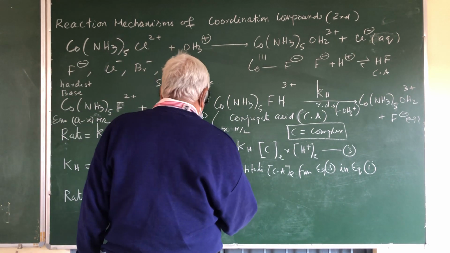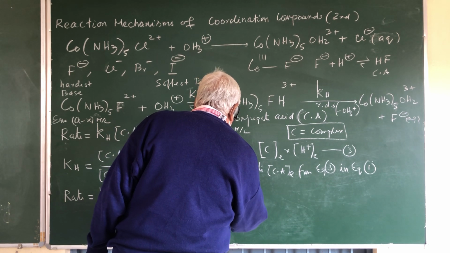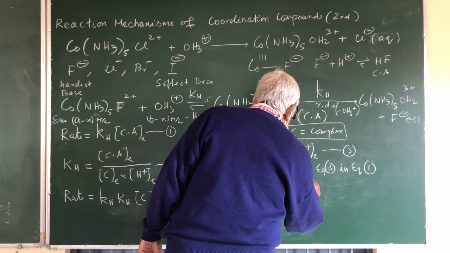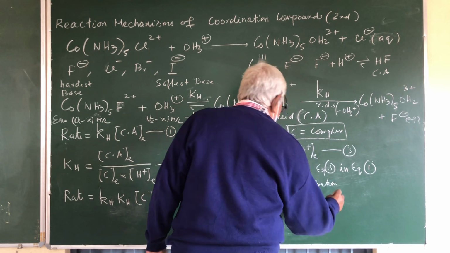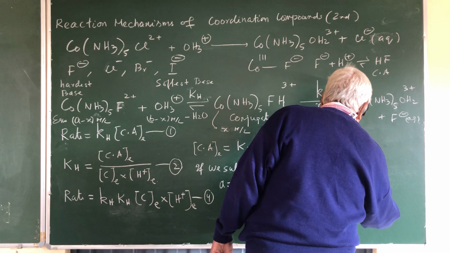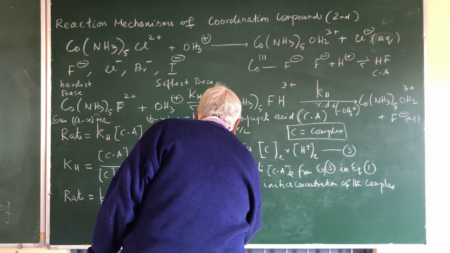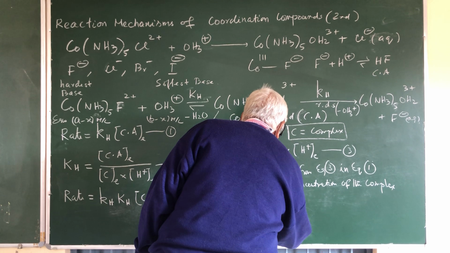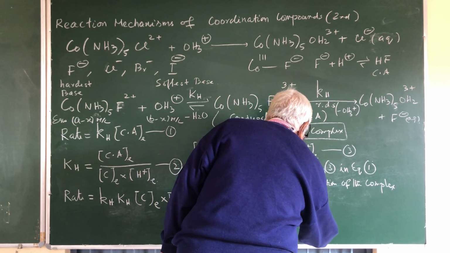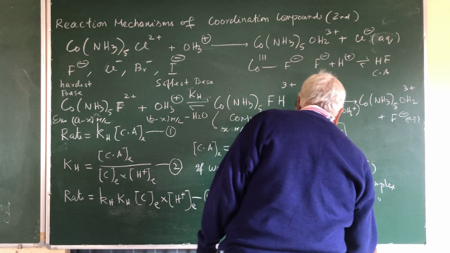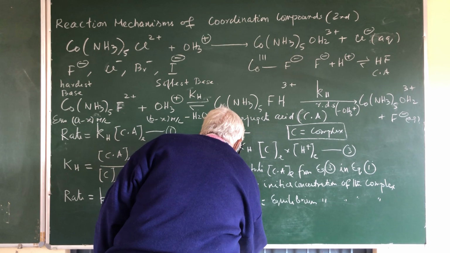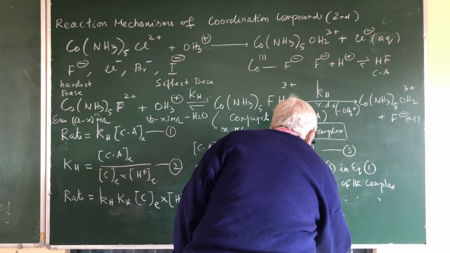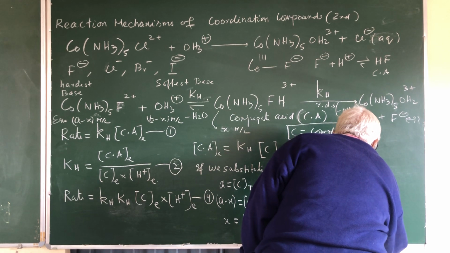Now A is equal to complex total, or the initial concentration of the complex, and A minus X is equal to complex equilibrium, that is, the equilibrium concentration of the complex, and X is equal to conjugate acid equilibrium, that is, the equilibrium concentration of the conjugate acid.